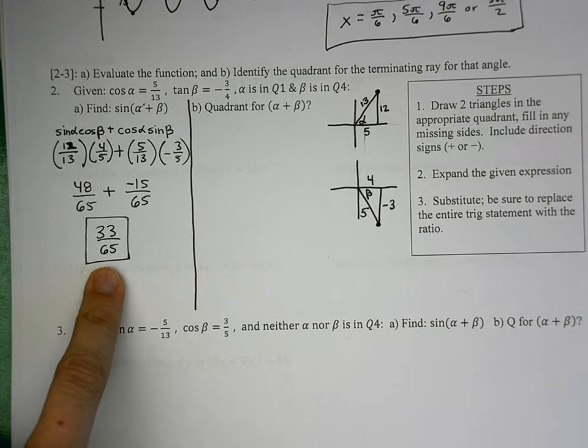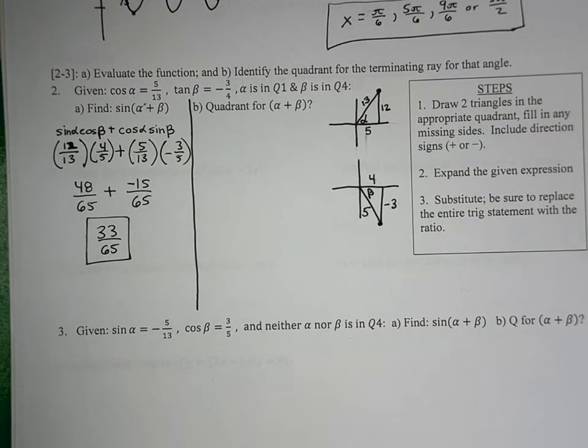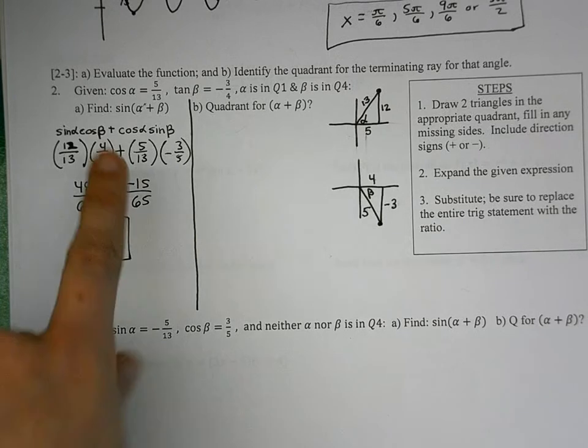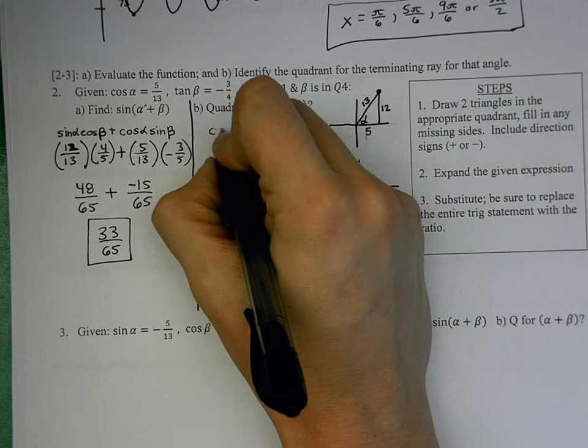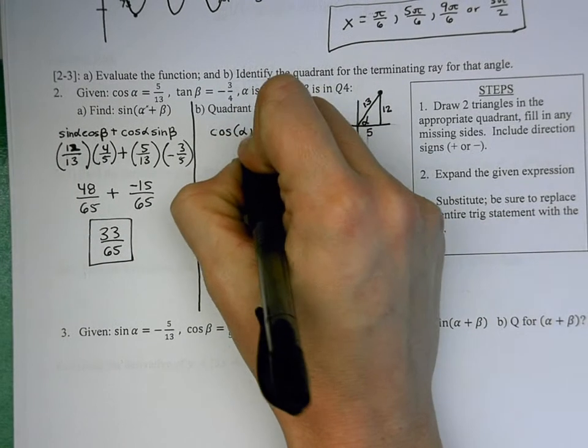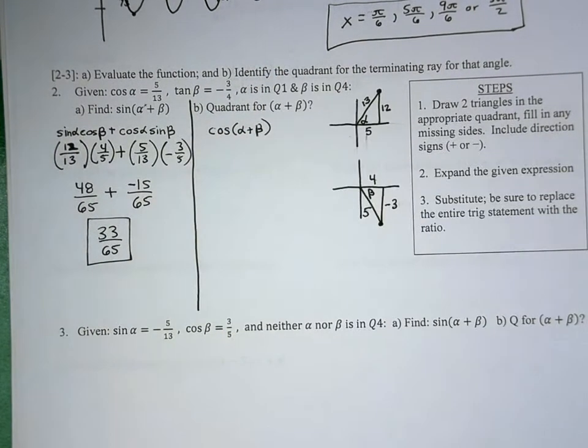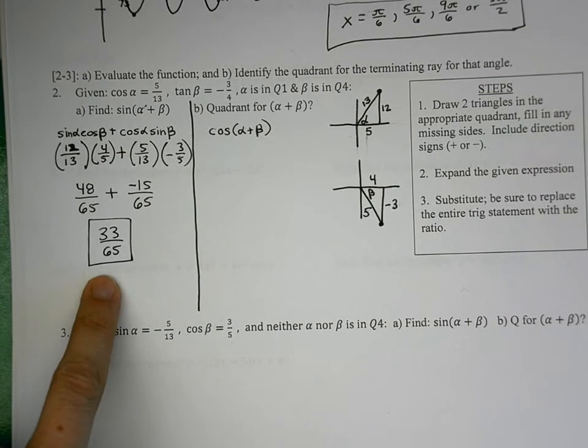I know alpha plus beta is in one of those two, because sine of alpha plus beta is positive, but I don't know which one it is. And so I'm going to go ahead and find, again, it doesn't matter, but I'm going to find cosine of alpha plus beta. And depending on whether cosine is positive or negative, that will help me determine whether I'm in the first or second quadrant.